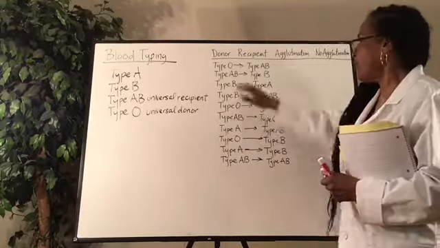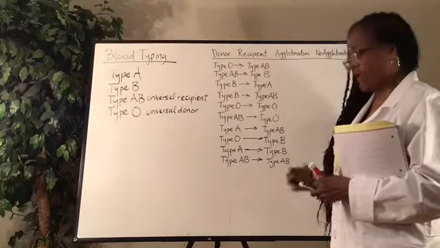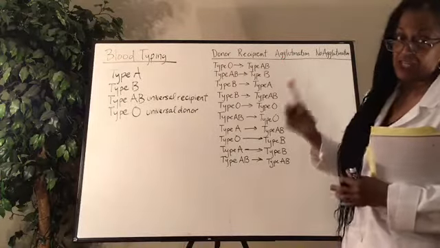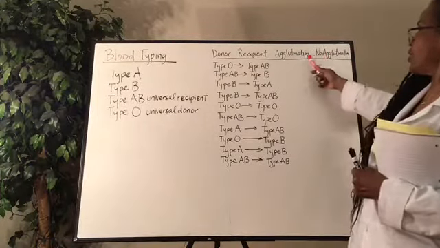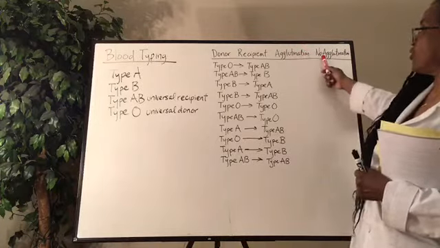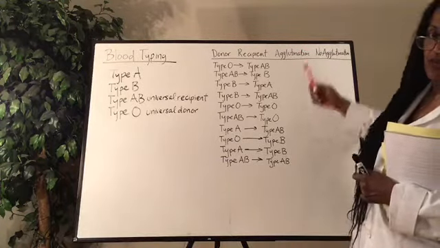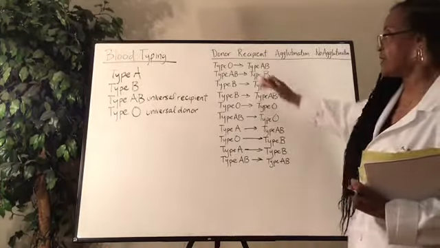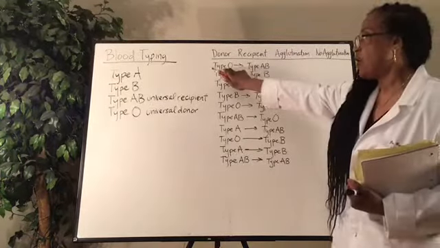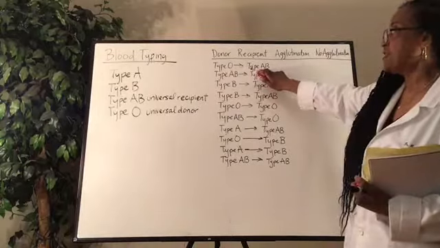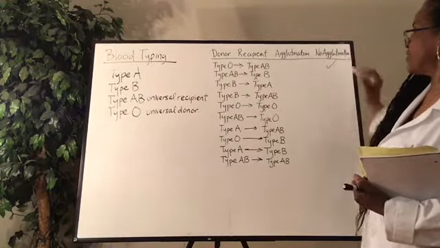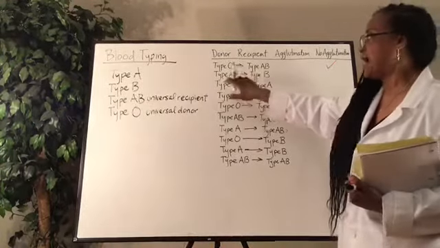Would the blood clot, showing a rejection, which is agglutination? Or no agglutination, no clot, which means the blood is just fine to be received by this recipient? Correct. Type O can easily donate to a type AB person. No agglutination, so we will check that column.